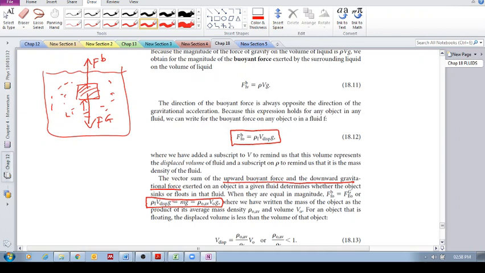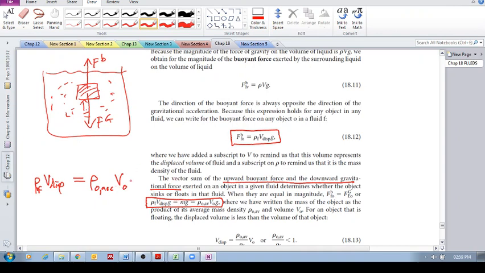If we equate these two, we have the density of the fluid, times the displaced volume, times g, equals the average density of the object multiplied by the volume of the object.